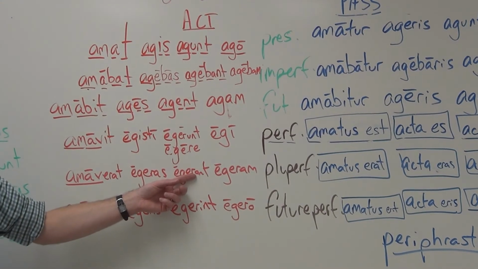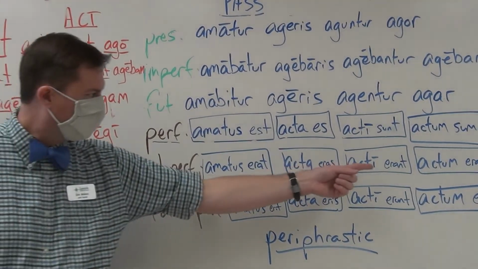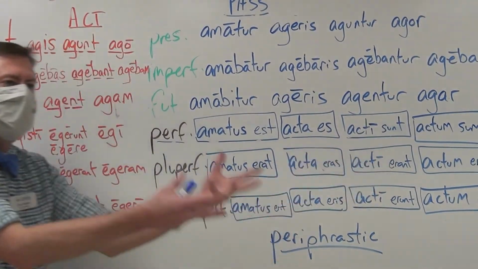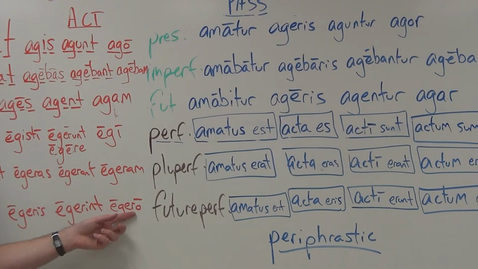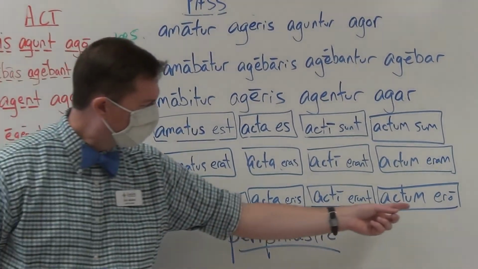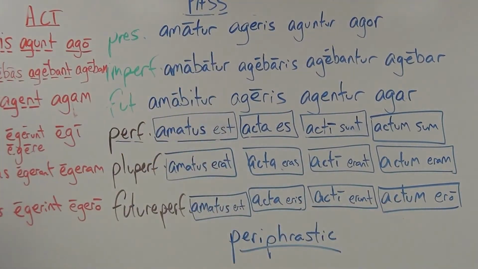They had driven. Pluperfect, had. They had been driven. And then future perfect, I will have driven. Over here, I will have been driven.